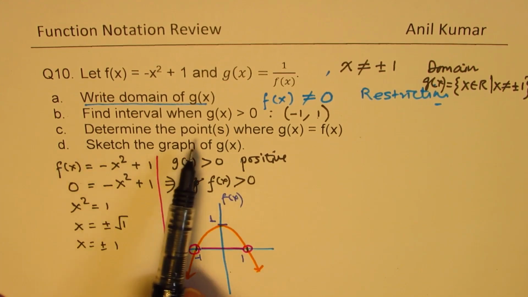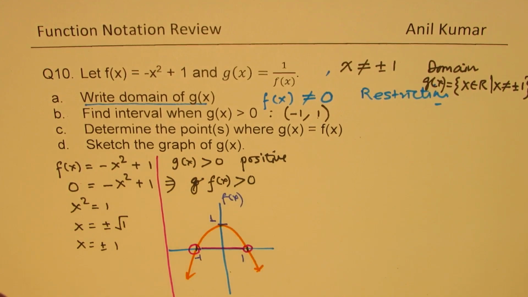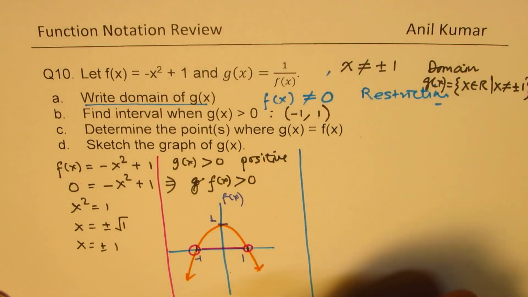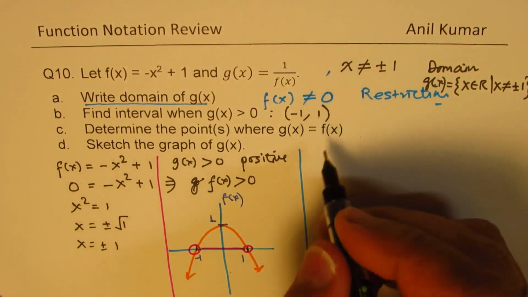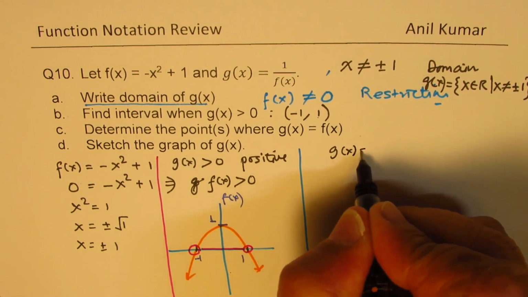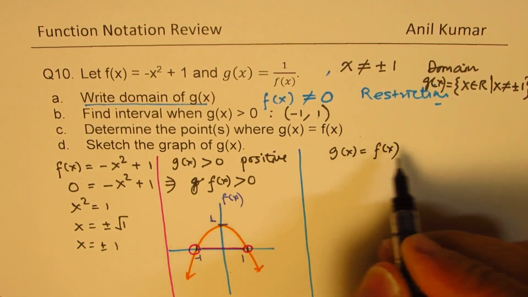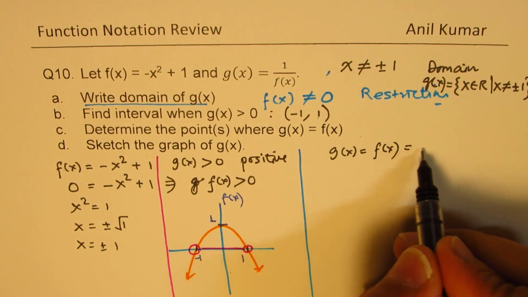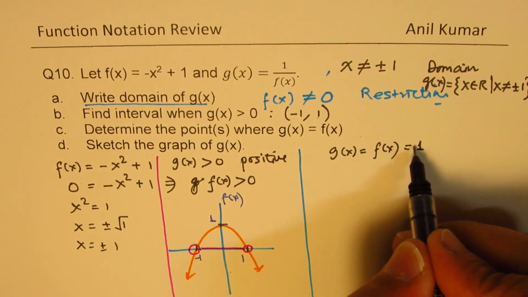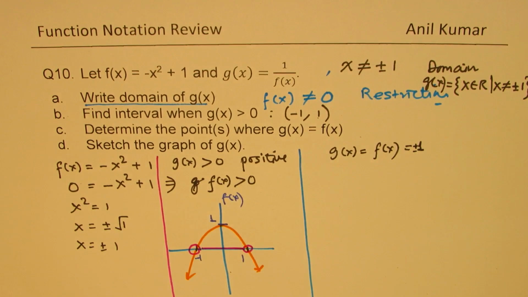C. Determine the points where g of x is equal to f of x. Now we want to figure out when g of x is equal to f of x. Well, clearly, it means both are equal to 1 or plus minus 1. Is that clear to you?